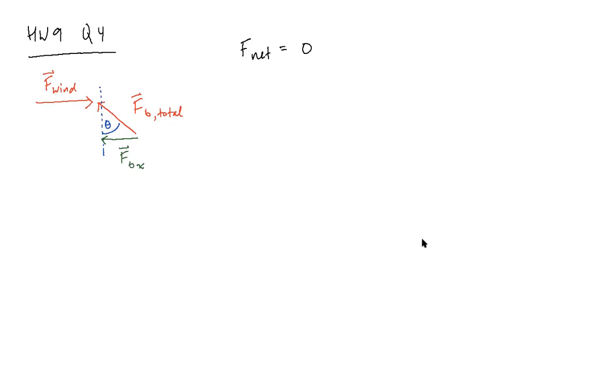So we would say F wind, again, to the right is positive, to the left is negative, minus FBX is equal to 0. And then you should be able to see that this is a right triangle that I have.